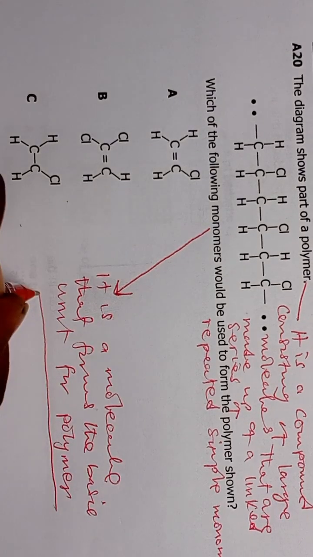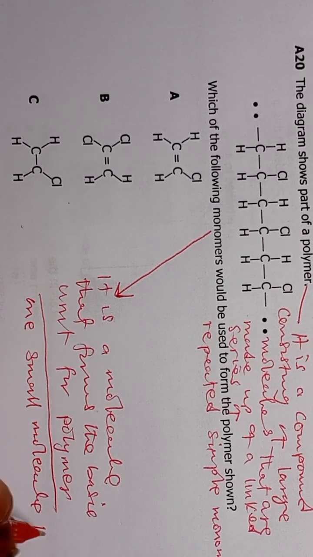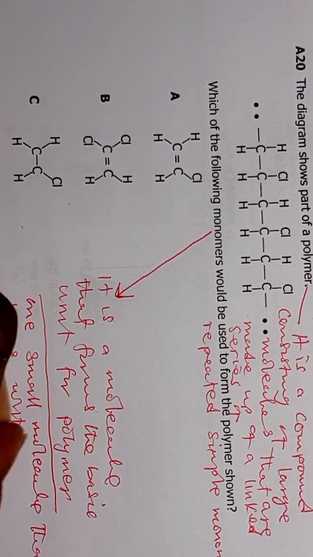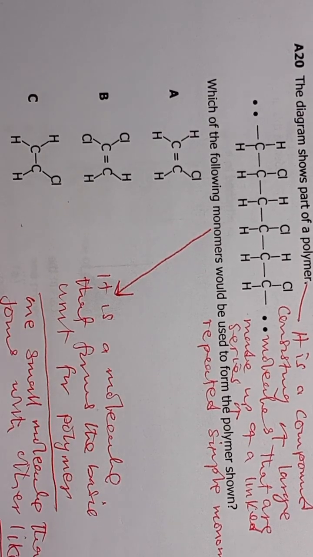Or I can say a monomer is one small molecule that joins with other like, mark the word like, molecules to form a polymer. So that is what we call a monomer.